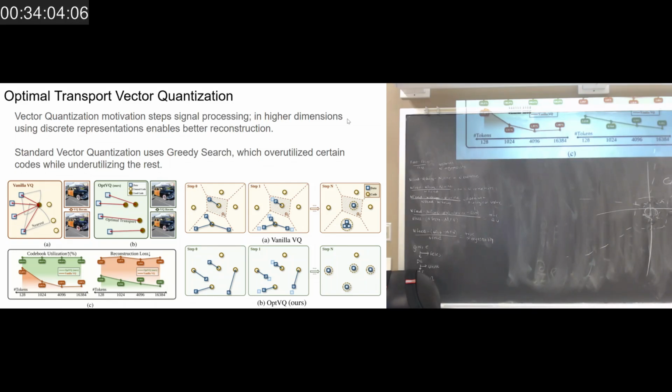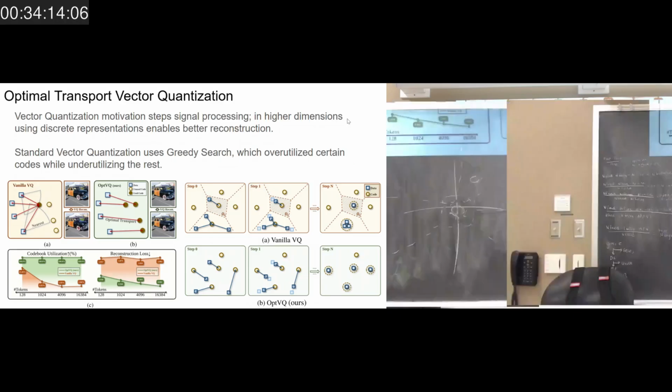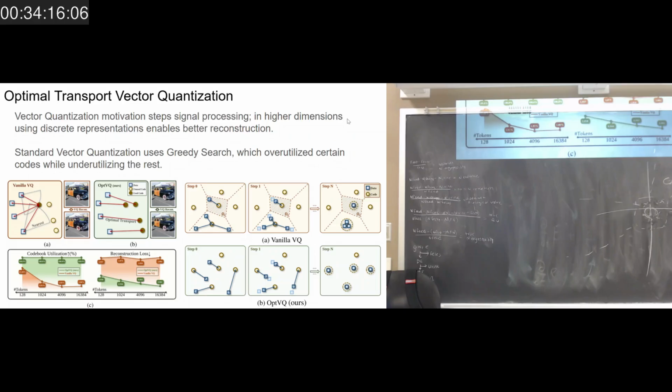So instead of all of them going to the same thing, which is what is nearest, each of them gets assigned the most efficient route, where each piece of data, each latent vector, is corresponded to some value within the book.